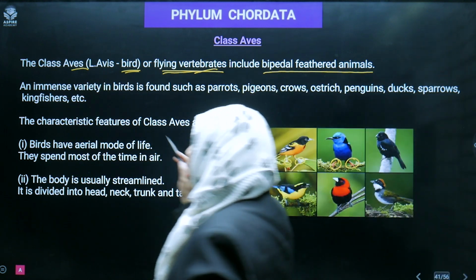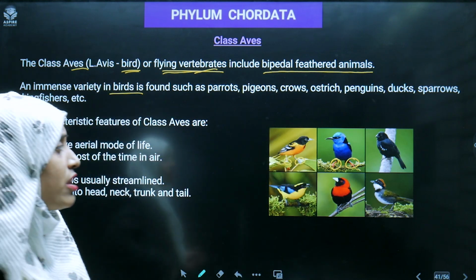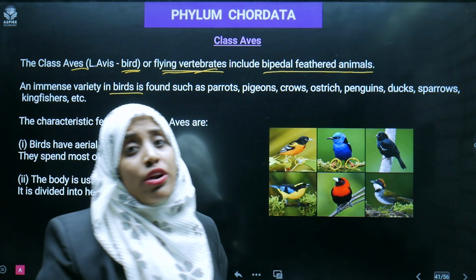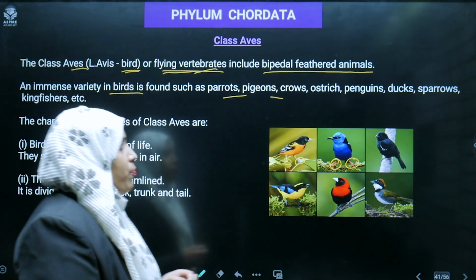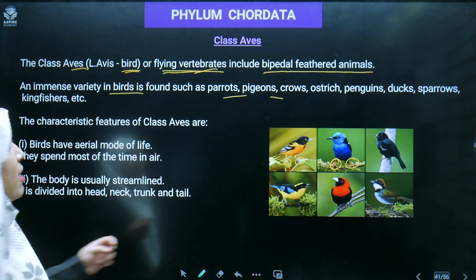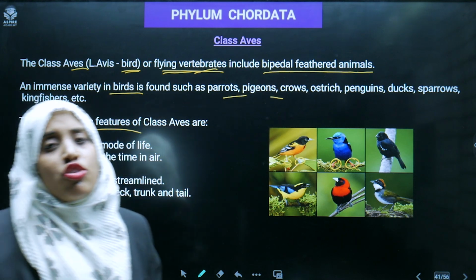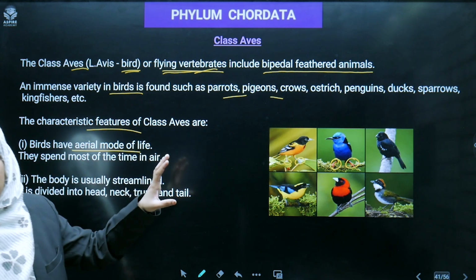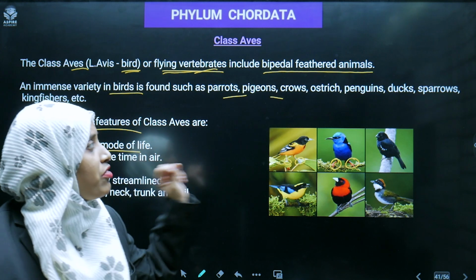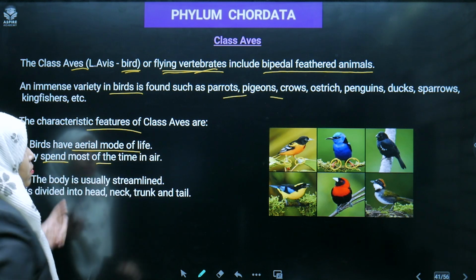Okay, now an immense variety of birds is found, such as we can come across large varieties of birds like parrot, pigeon, crow, all these. Okay, we are very much familiar with these types of birds. What are the characteristic features of Aves? Now, birds have an aerial mode of life. That means most of their life they spend in the air.